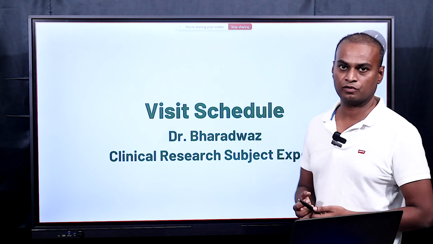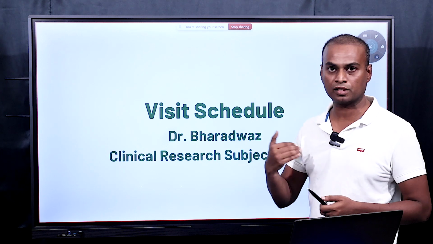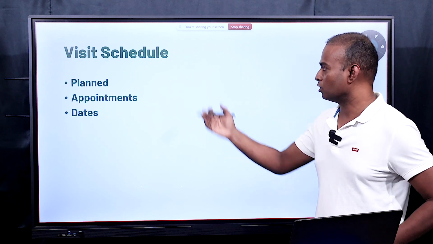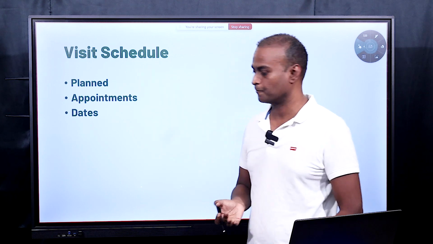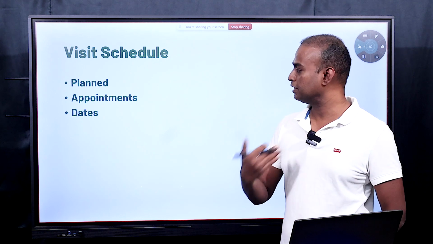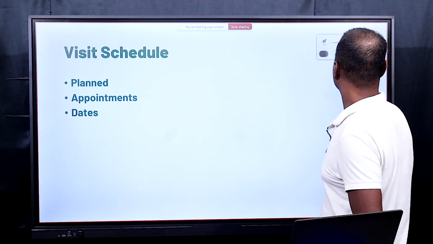We are scheduling the visit for the subject, or when the subject should contact the clinical team, or when the clinical team should contact the subject. So what is a scheduled visit, or what is a visit schedule? It is a planned visit of appointments between the clinical team and the subject, and it should give dates.